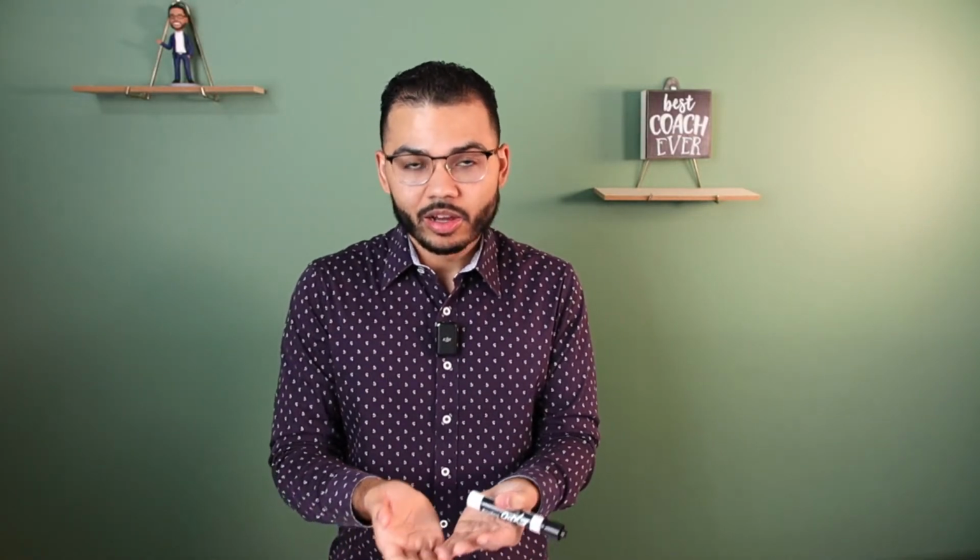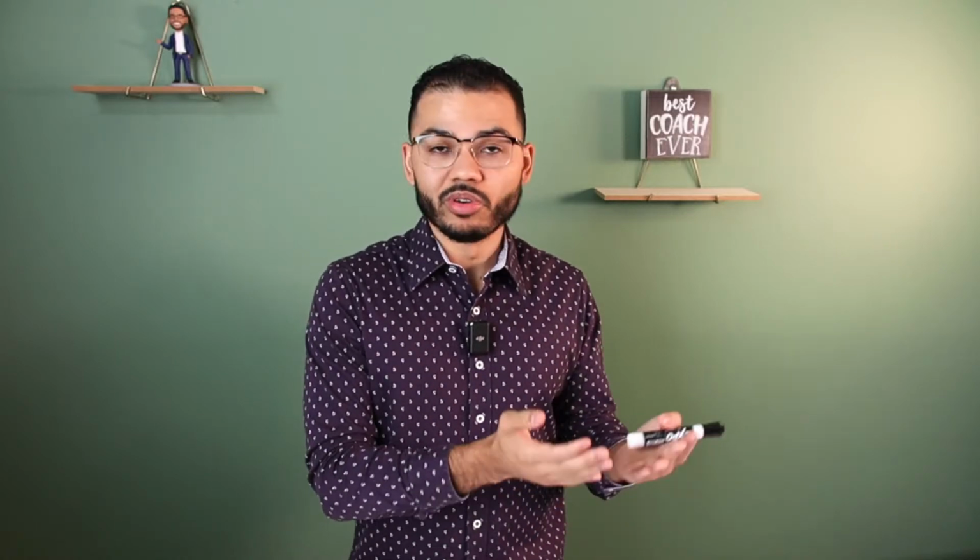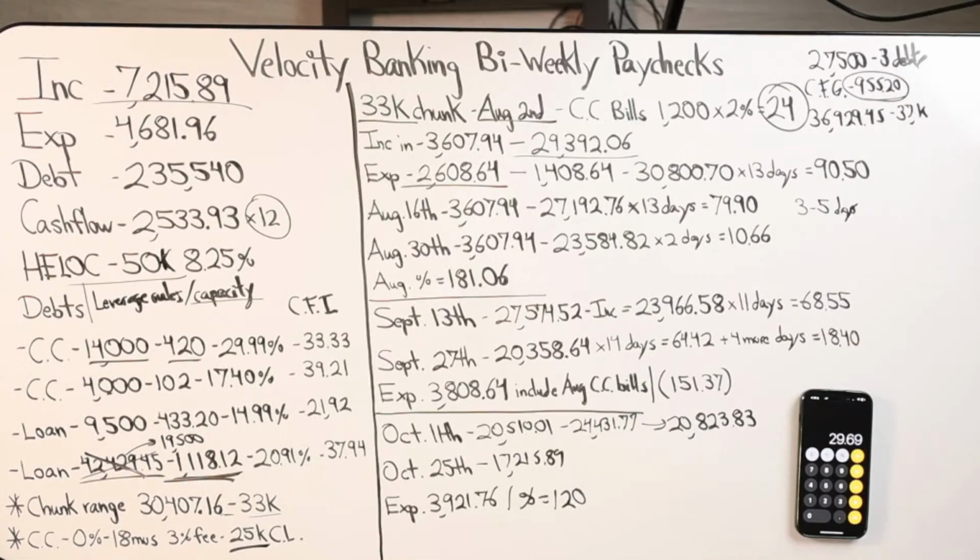We don't have to wait all the time when doing velocity banking to hit 0 on the line of credit before making your next chunk, because there's an opportunity at hand right in front of us.